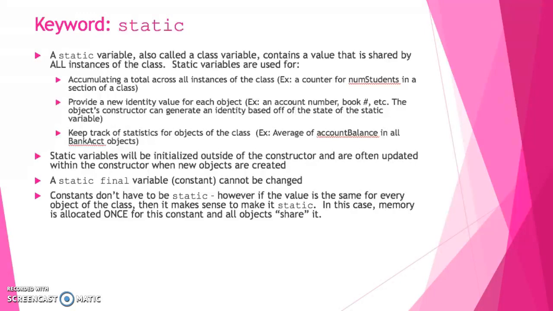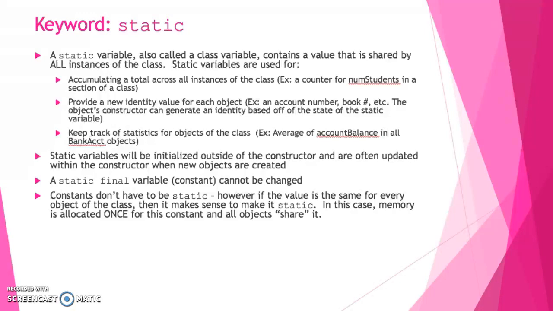Some examples of where we've seen static variables used are when we had a counter that counted up all instances that were created, or when we had, for example, the next number to create when we were making our new book objects, and we wanted to keep track of the next book number that we should use when building the next book object. The static variable will be initialized outside of the constructor, and it will be updated within the constructor. And we can also make our constants static final if we'd like.